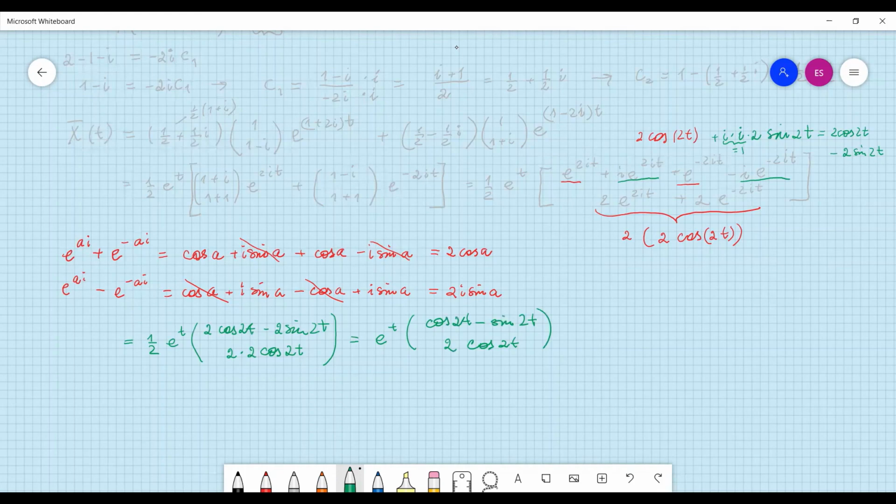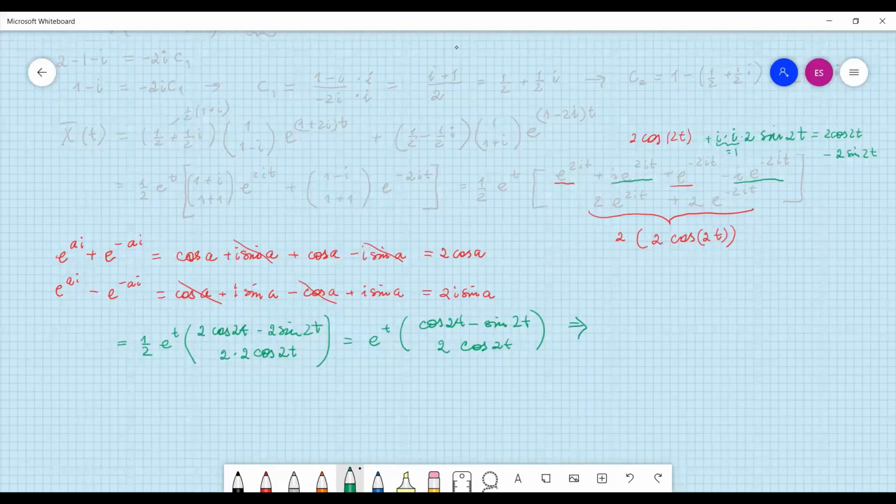But to do this comparison, I don't even know how to do this because I kind of have it up, down. But okay, I'm going to write down separately x1 and x2 and then show what we had before. So x1 here is going to be what? e to the power of t, and then cosine of 2t minus sine of 2t. And x2 is going to be e to the power of t times 2 cosine of 2t.